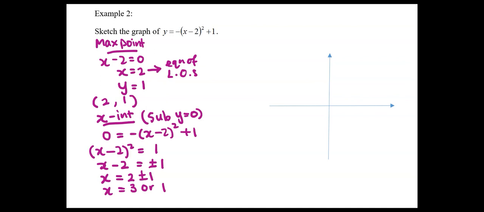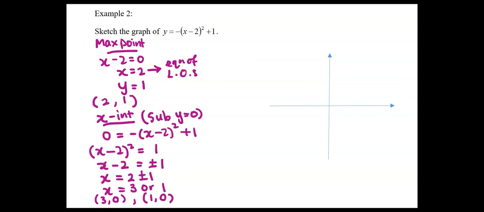If you are required to put this in coordinate form, then what you need to put is (3, 0). That's because x equals 3, and earlier on you substituted y equals 0, so the y coordinate is 0. As well, the other set of coordinates is (1, 0). Again, y equals 0.